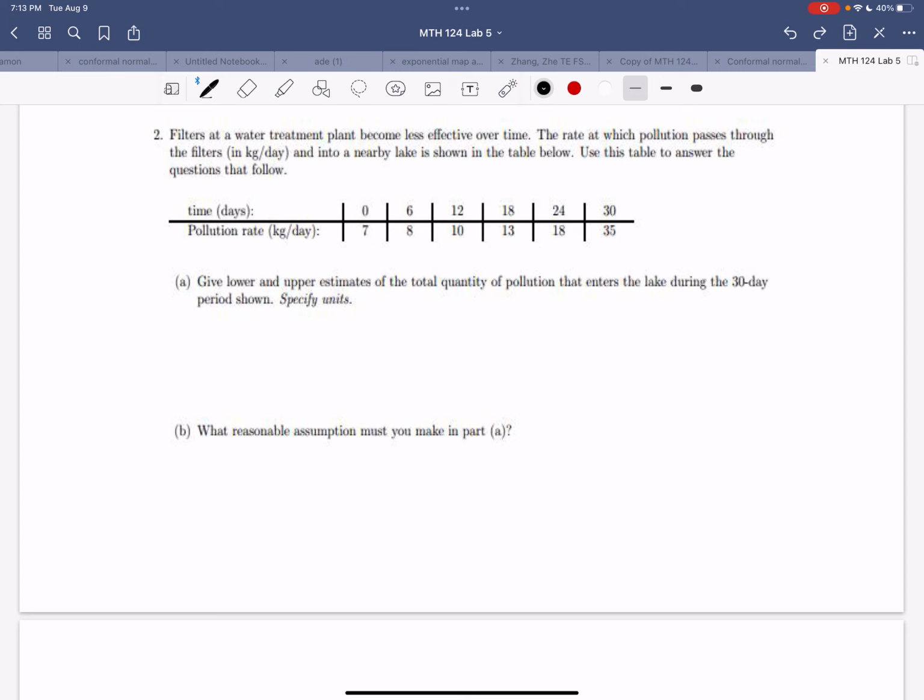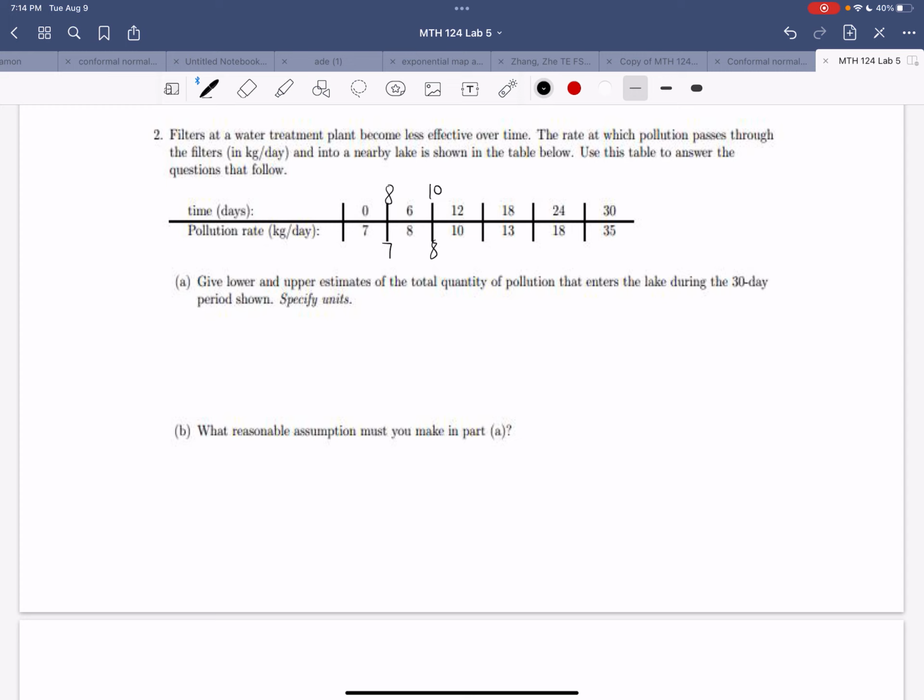So there are two cases, the smallest case and the largest case, right? In between day 0 to day 6, there are two options for this pollution rate, either 7 or 8. From day 6 to day 12, there are also two options, the extreme cases, either 8 or 10.